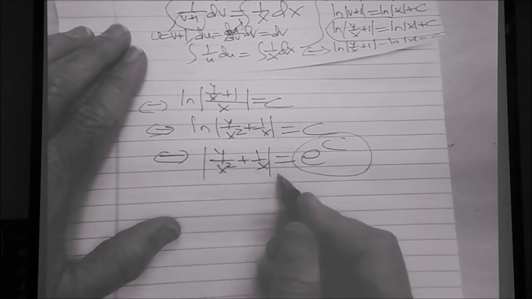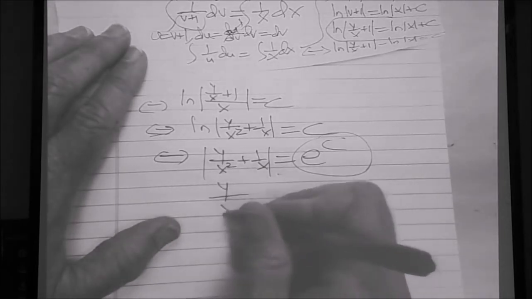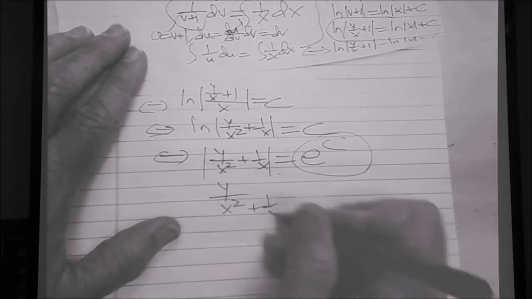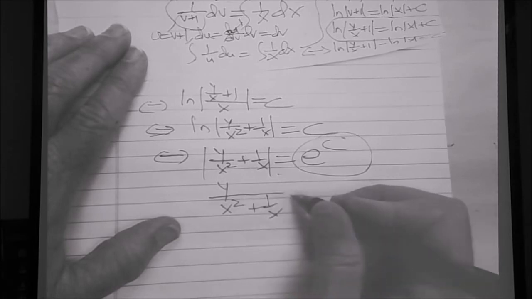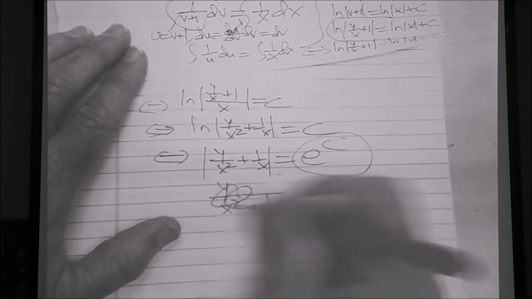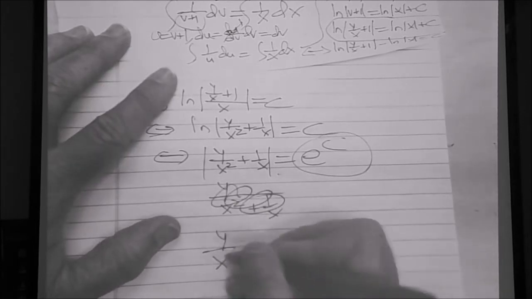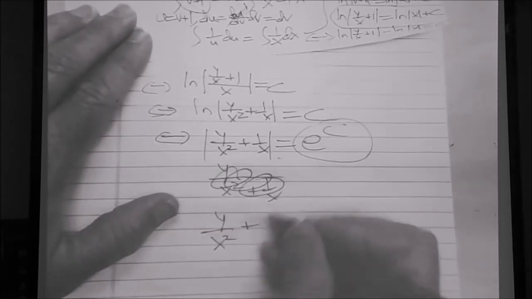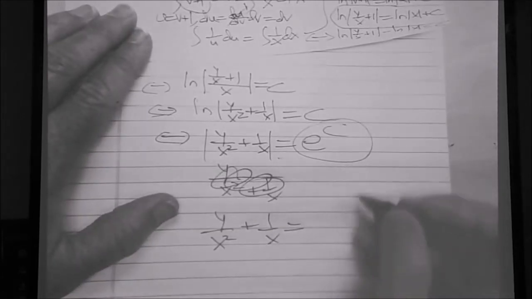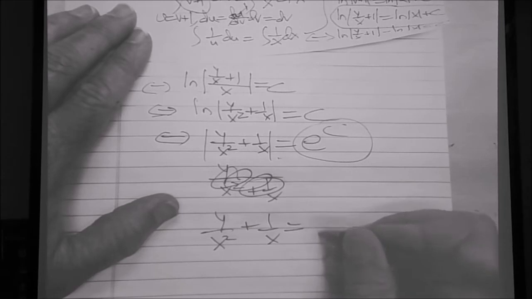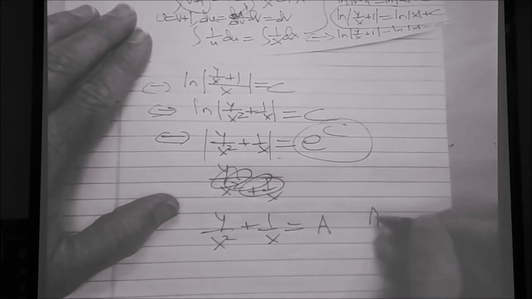This is an arbitrary positive number, right? And then you take the absolute value away, and you find that y over x squared plus 1 over x is equal to plus or minus e to the c, which is an arbitrary number a, let's say. A equals plus or minus e to the c.